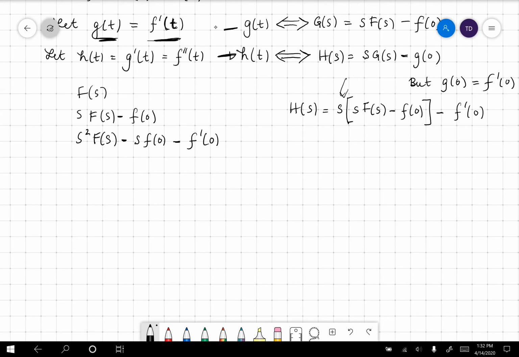So this would be first derivative, second derivative. What do you think the third derivative would look like? The third derivative of f. What do you think the Laplace transform is going to be?